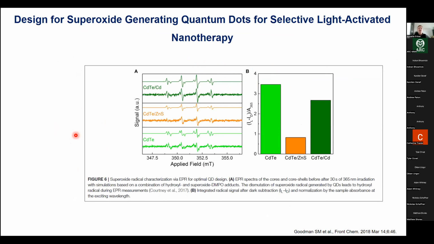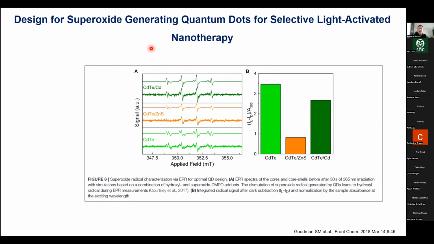Okay, this is another example that was actually done in our facility. We had a group in engineering that engineered quantum dots for light-induced nanotherapy. So what they did is they took the quantum dots, put them in cell culture of cells that were infected with a bacteria, and then they shone light on it.